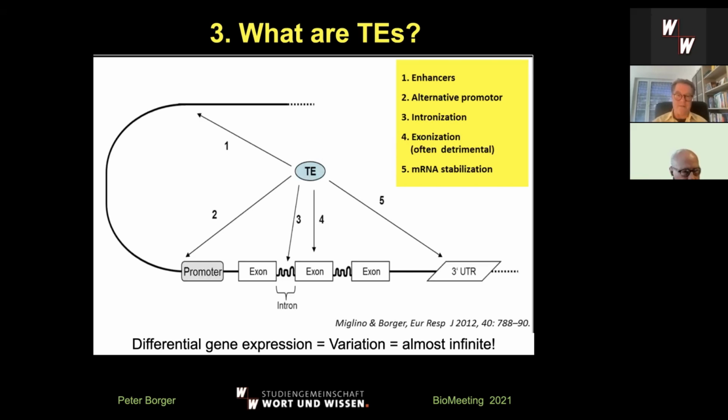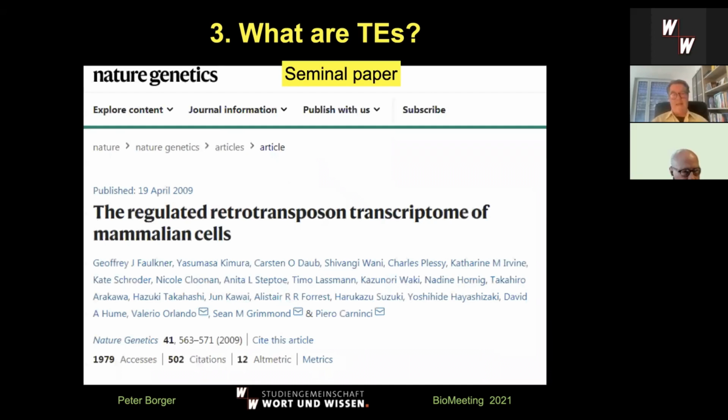So if it integrates there, you also have an effect on the gene expression, because the RNA that is being transcribed is more or less stable, and it can more or less be expressed. So there are several ways to affect the gene expression by transposable elements, and all these mechanisms have also been described.